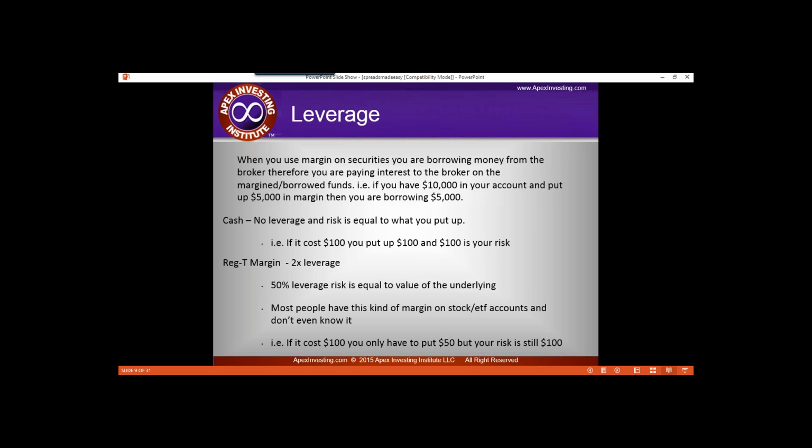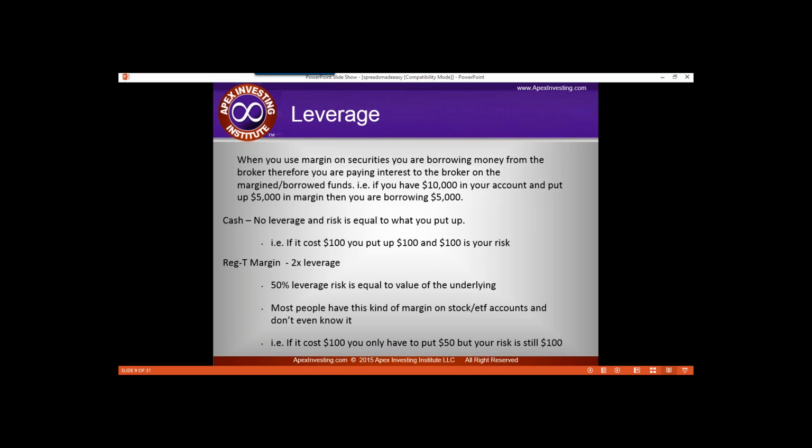Now, some of you may not be familiar with margin. When you use margin on securities, you're borrowing money from the broker. Therefore, you're paying interest to the broker on margin or borrowed funds. Some of you may trade stocks. If you day trade stocks, you have to have $25,000 in margin.